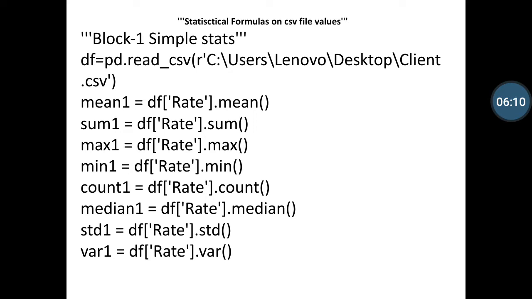Then I create the sum1 variable, which is the sum of the rate values, and then the maximum value from the rate column.